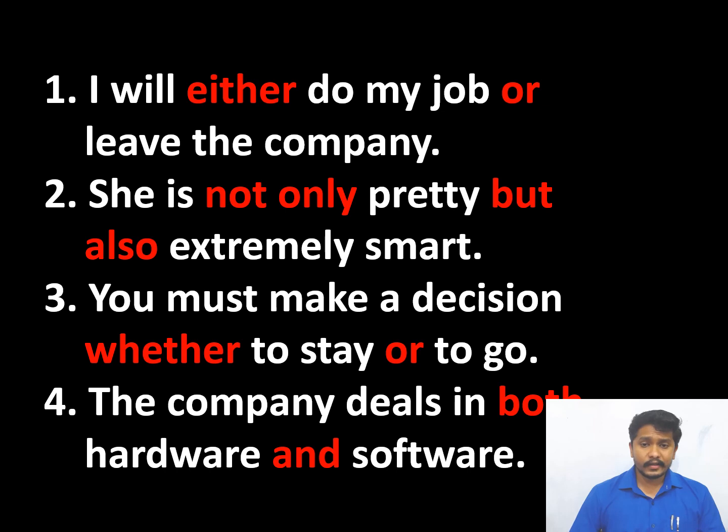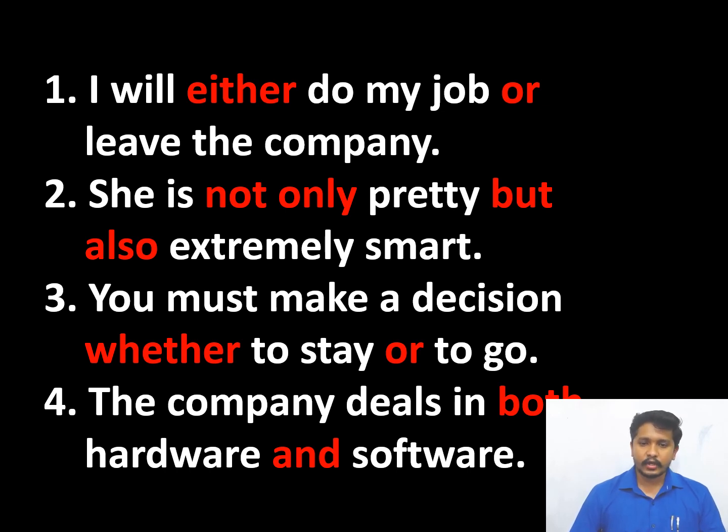I will either do my job or leave the company. Either and or are used as conjunctions here to join two phrases. She is not only pretty but also extremely smart.